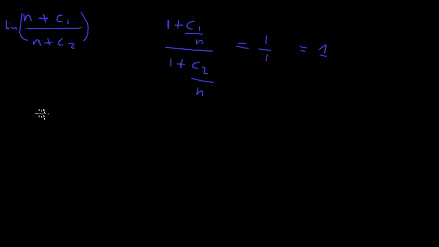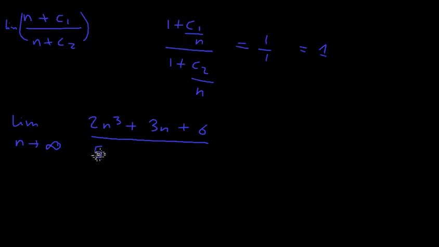An interesting fact is when you have the same order of polynomial in the numerator and denominator. I will show you what I mean by that in this example. Say you have a third degree polynomial of n, 2n cubed plus 3n plus 6, and a third degree polynomial of n here, 5n cubed minus 3.